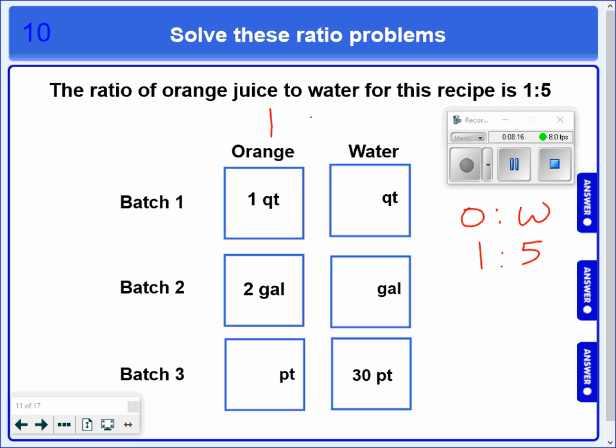If it's 1 to 5. Hopefully everybody thought it's 5 quarts, okay? So now, though, if it's 2 gallons, well, what is this ratio from 1 to 5? What is it?